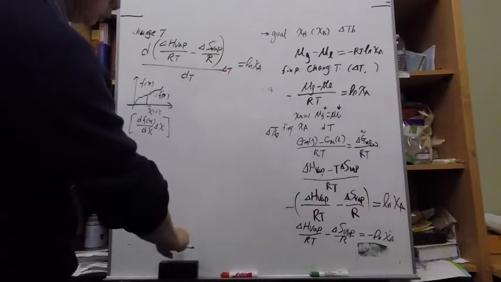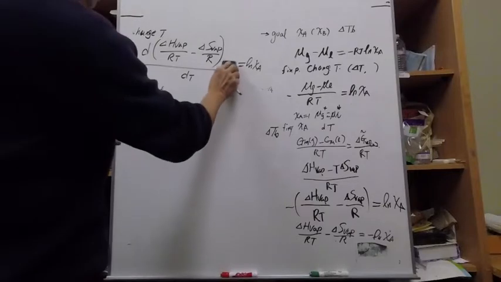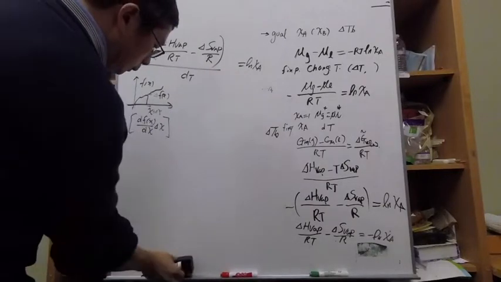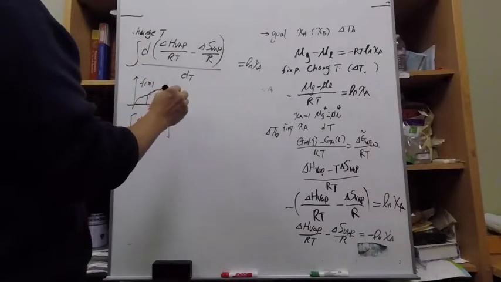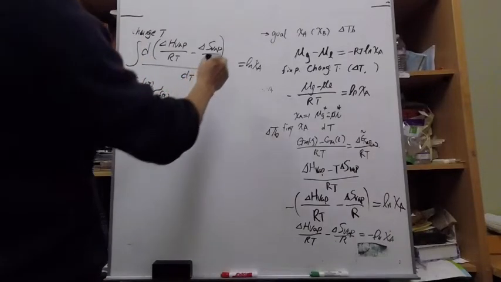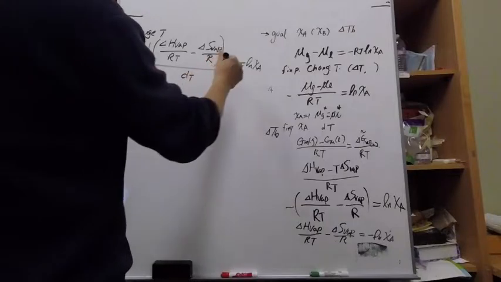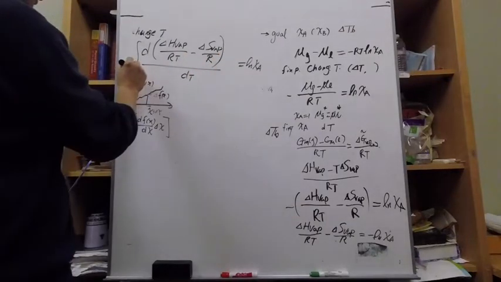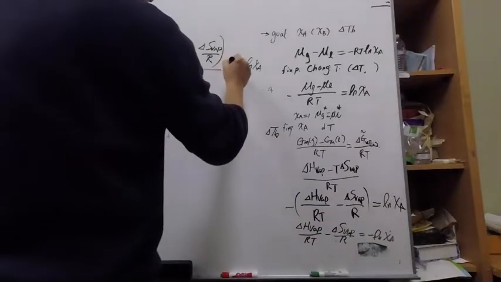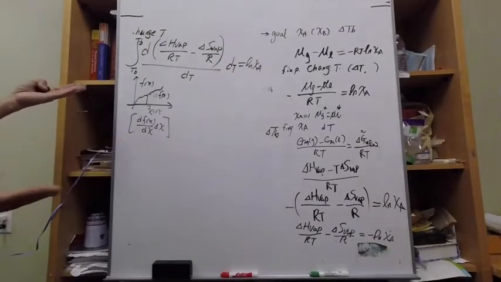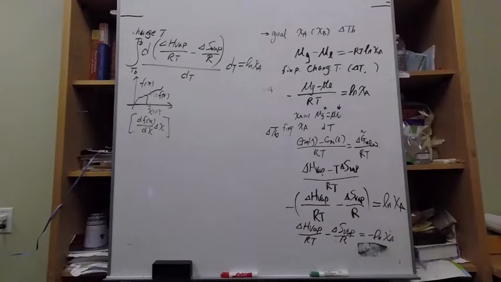So it should really be an integration. After you take a derivative, you integrate to T at the new boiling point. So you would put a dT over here. So basically that's what we try to do here.